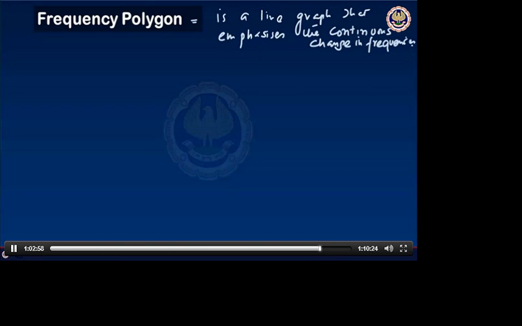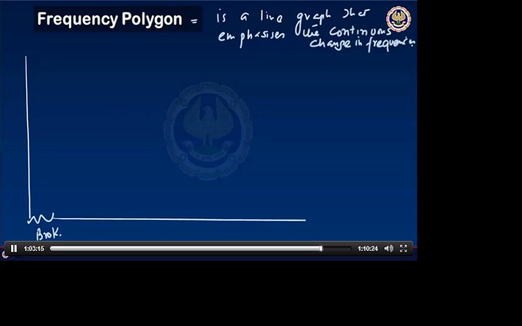So we will draw a line here. This will represent a broken axis. Here we are going to plot the frequencies, and here we are going to plot the age in years.